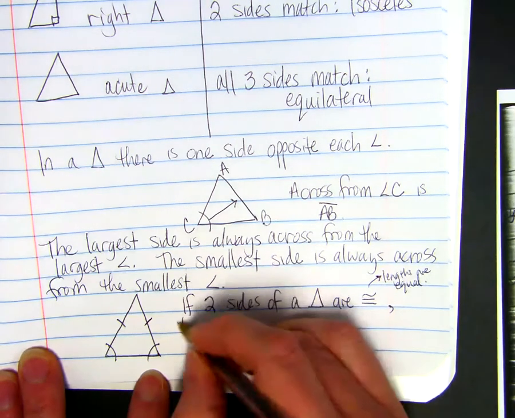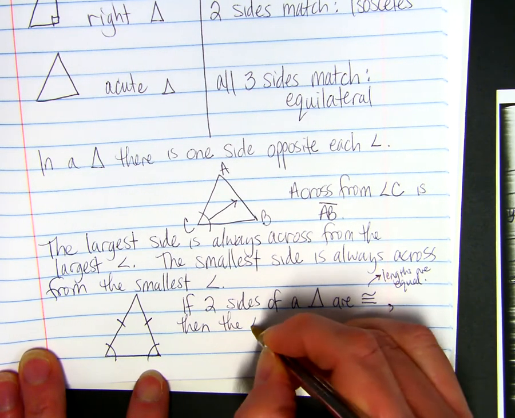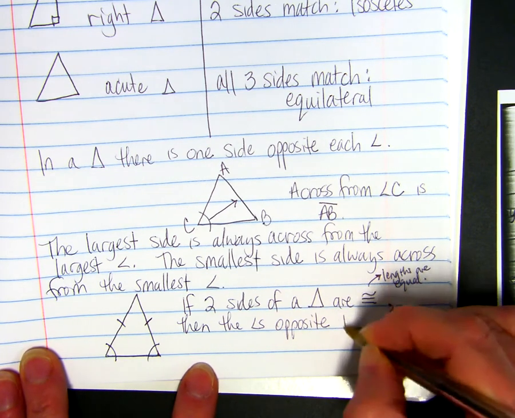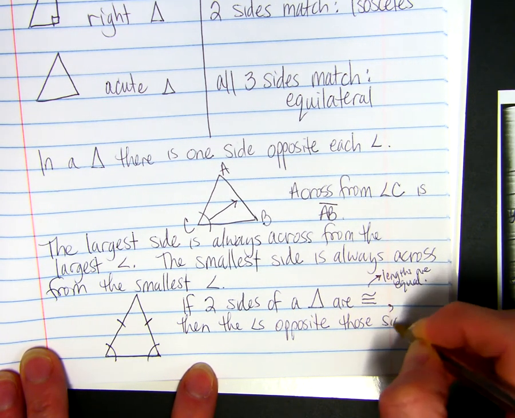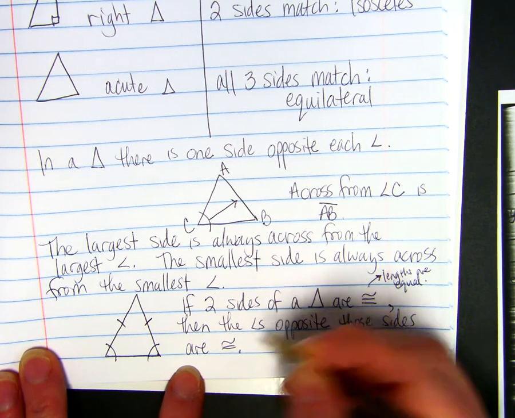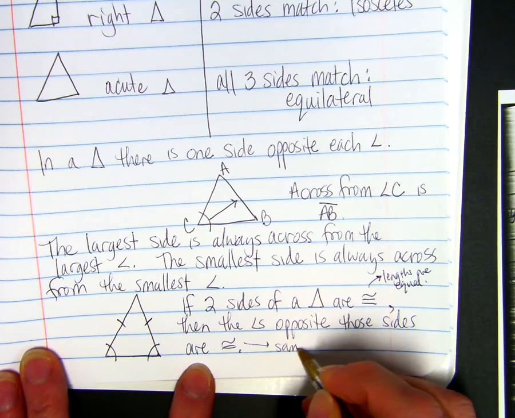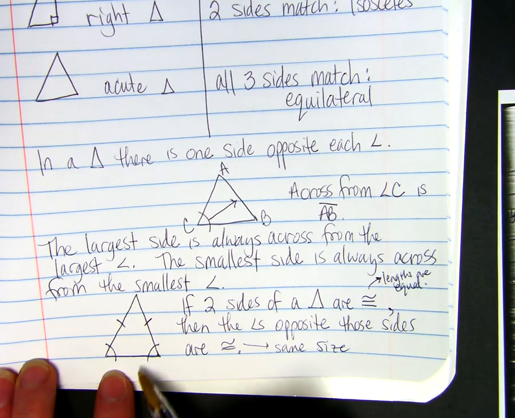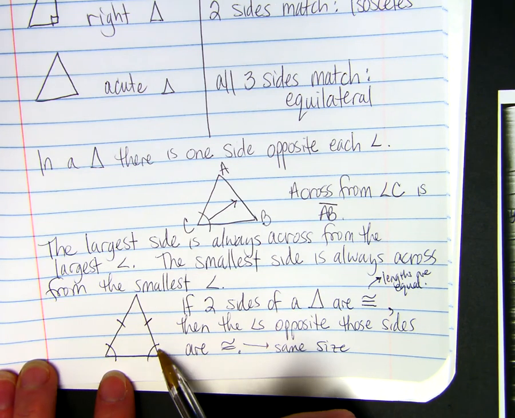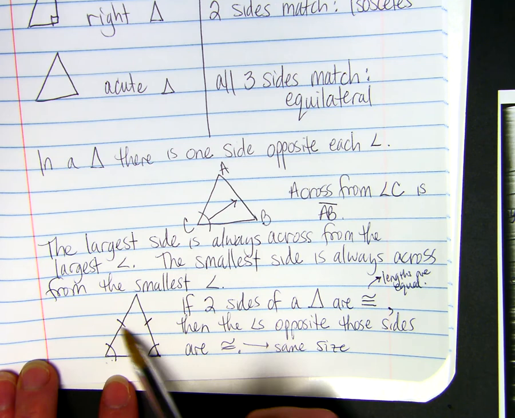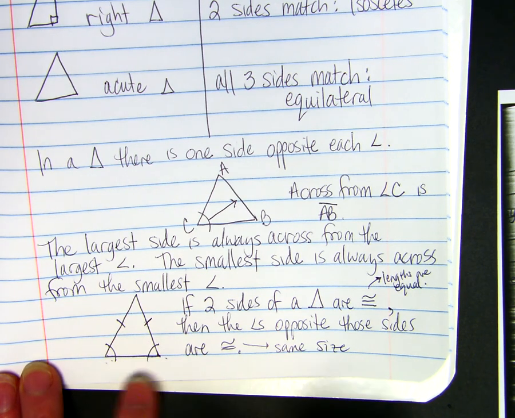Then the angles opposite those sides are congruent. Again, that means the same size. So that's why I put the little arc marks to show that this side, the angle opposite, will be congruent to the angle opposite, the side that has the same length.